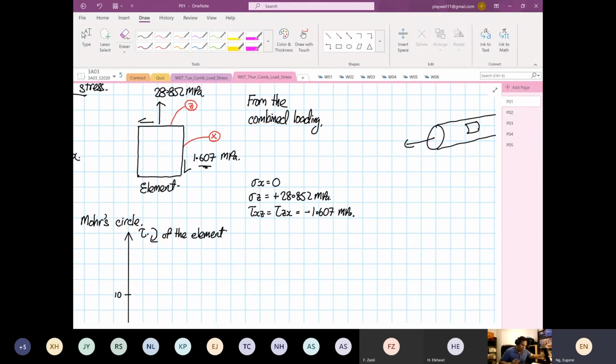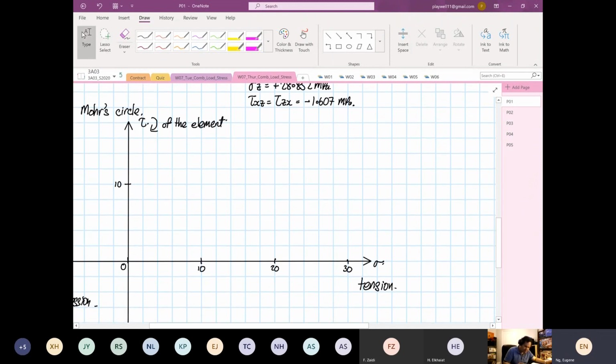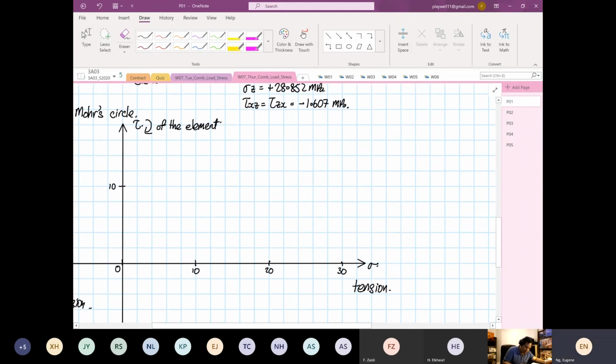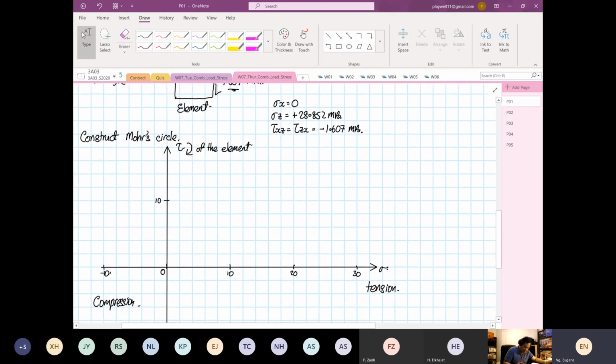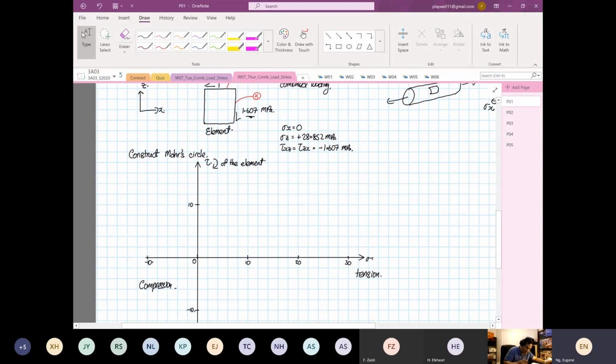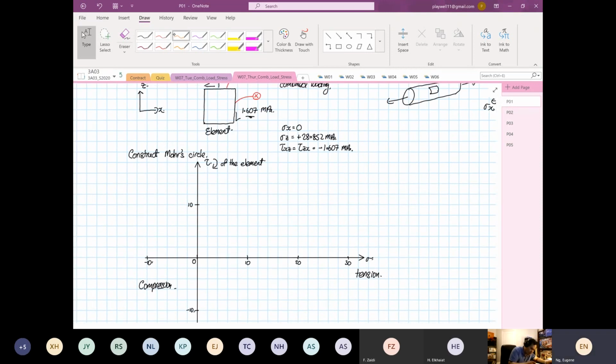From here, we're going to construct Mohr circle. So we are going to have two vertical lines. We know that 0 vertical is our stress X line, and our stress Z line is 28.852.